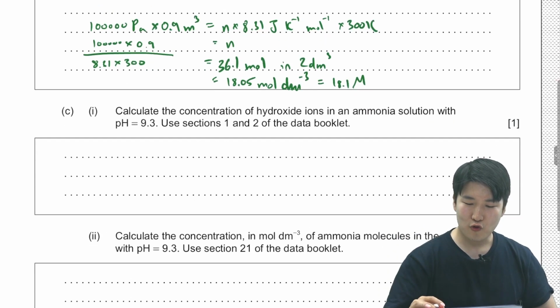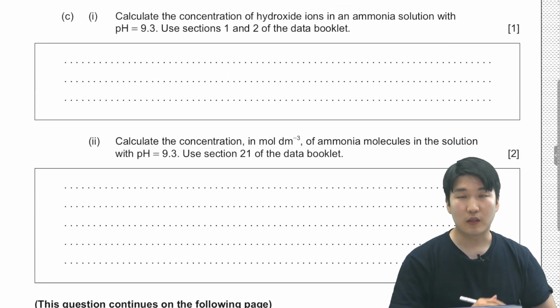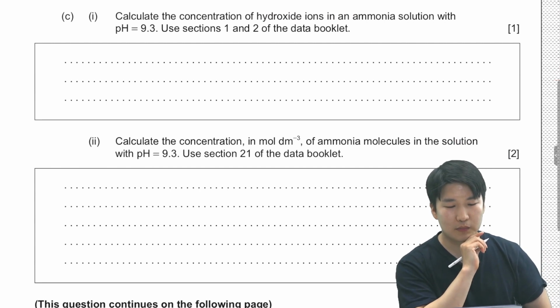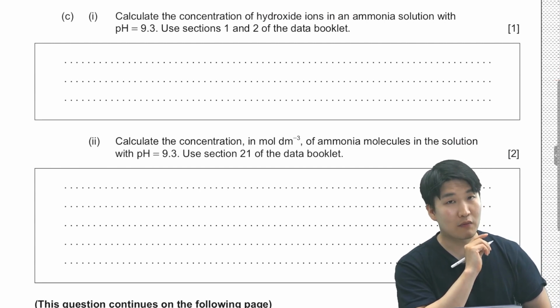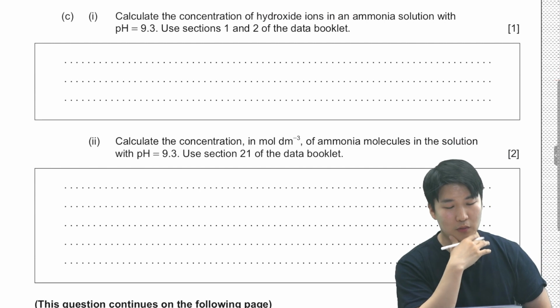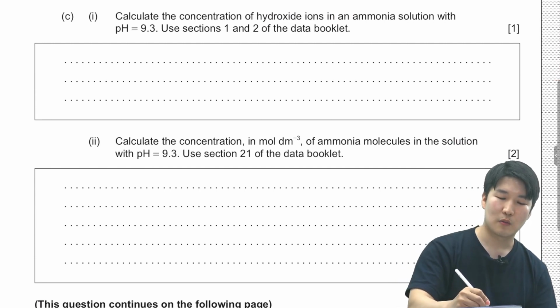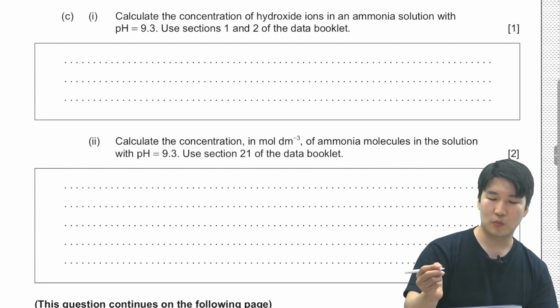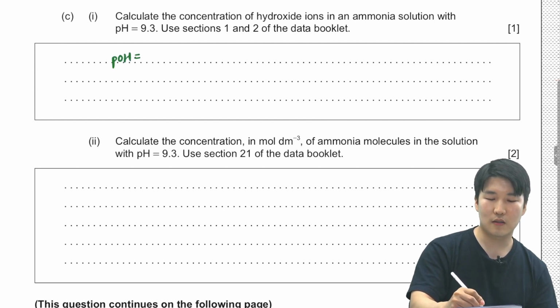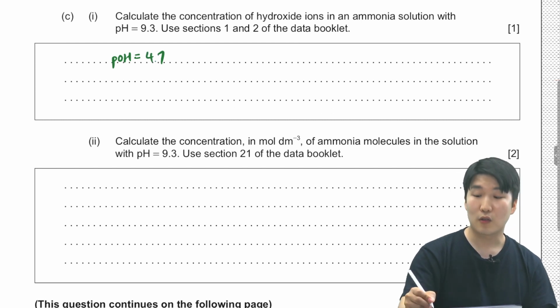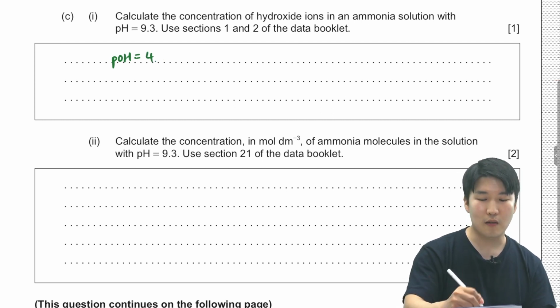Hydroxide ion concentration in ammonia can be calculated if we are given pH value. How? pH value being 9.3, we can tell pOH is 4.7.